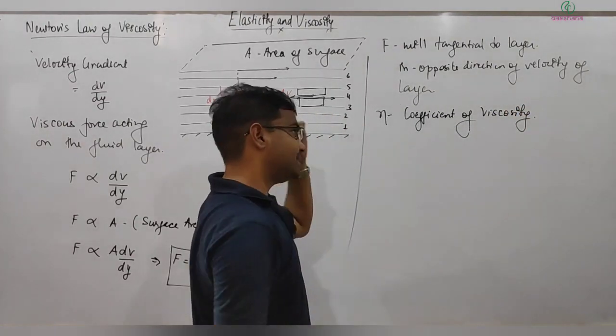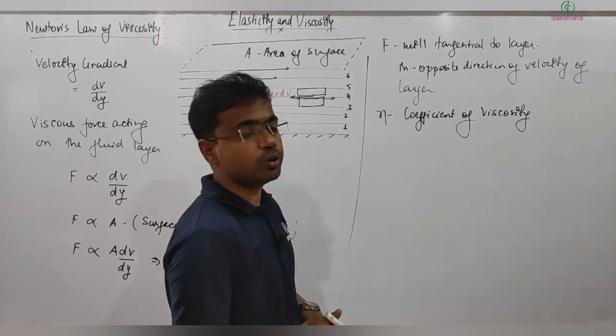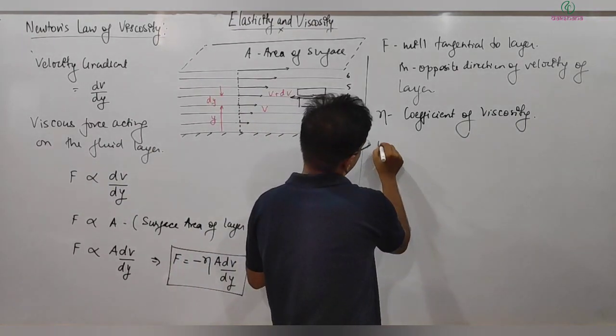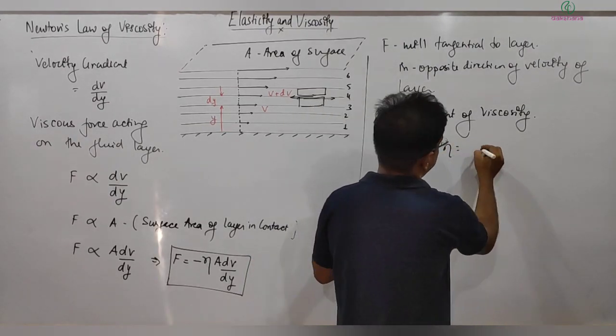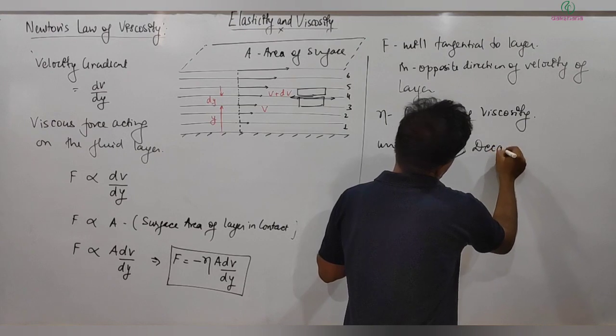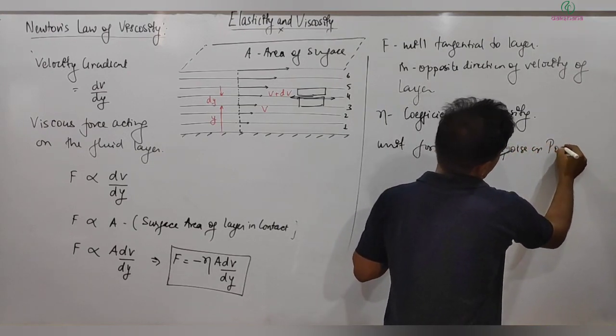right? And for this we measure the viscosity coefficient, the unit I told yesterday. The unit for eta is either decapoise or Poiseuille.